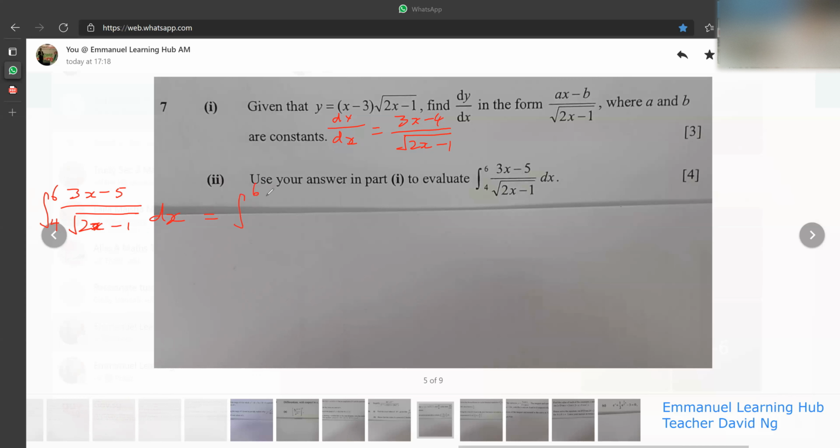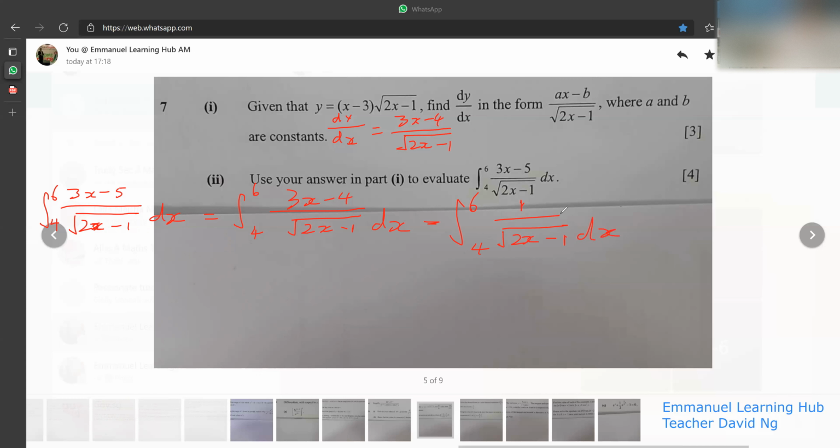That means integrate 3x minus 4 minus 1.